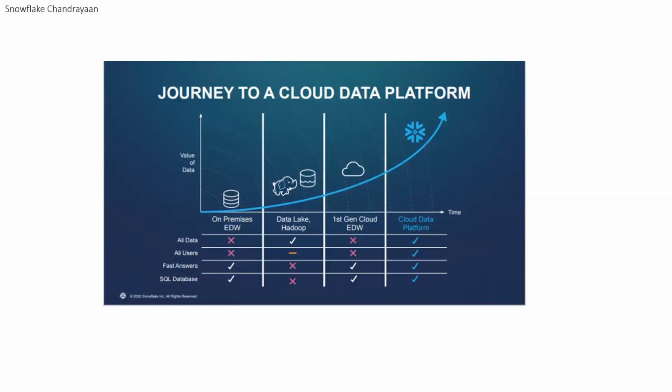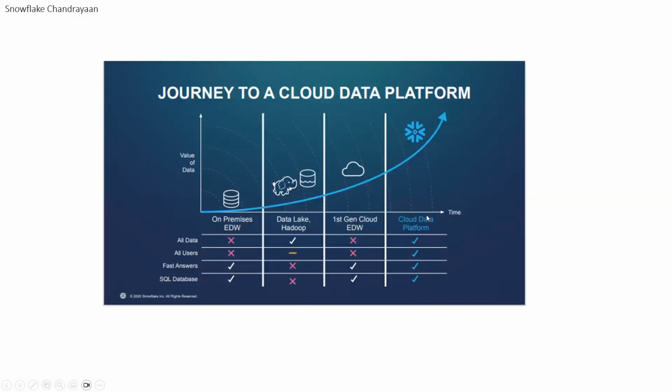As a result, we are trying to get into this cloud data platform. Initially, they used to have on-premise enterprise data warehouses. Then they used big data. Then the same on-premise data warehouse was implemented within the cloud. Then the time came when they started using Snowflake.